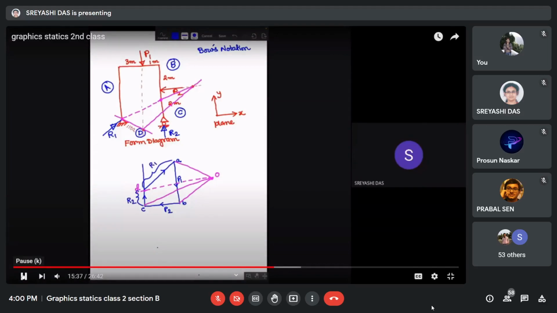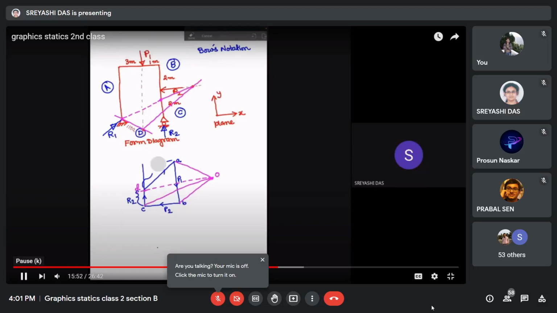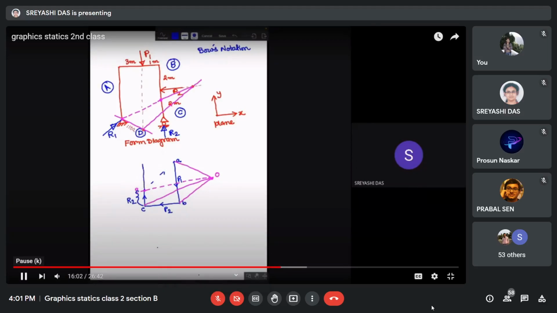So we can find the horizontal and vertical components also. The vertical component of this force R1 will be this.